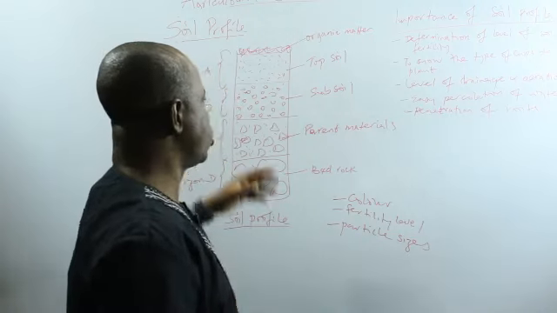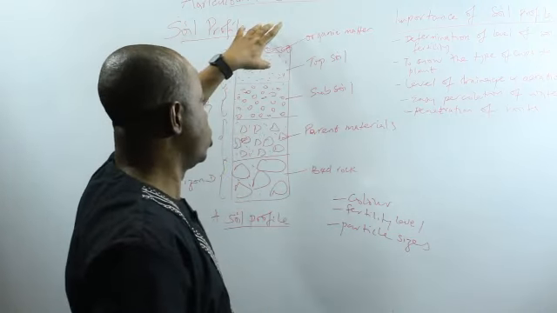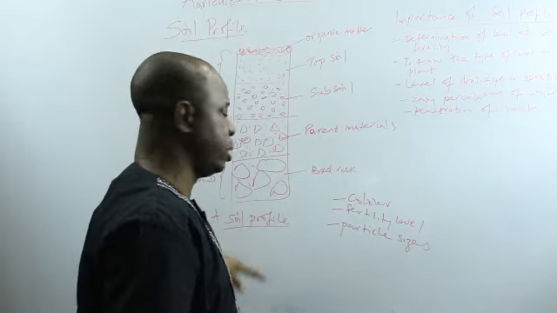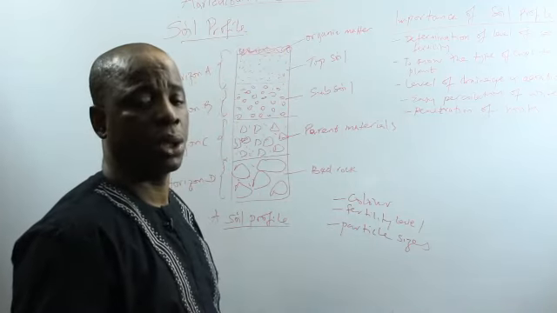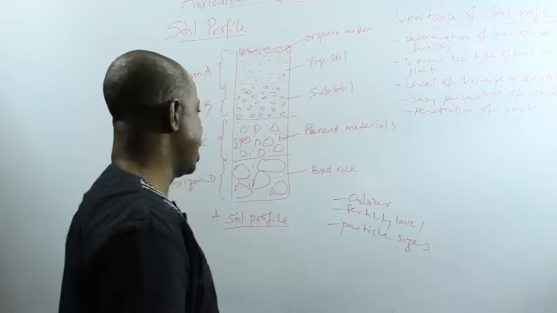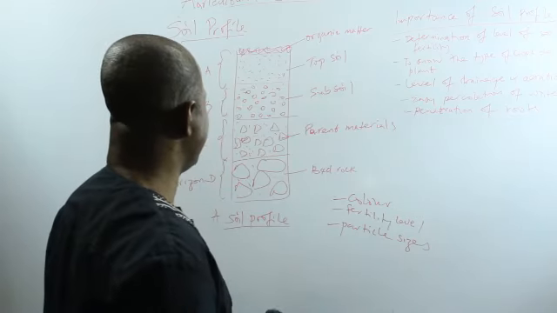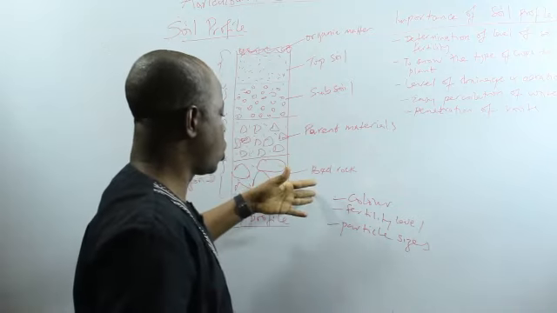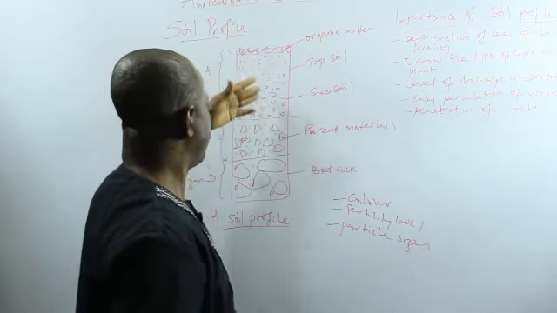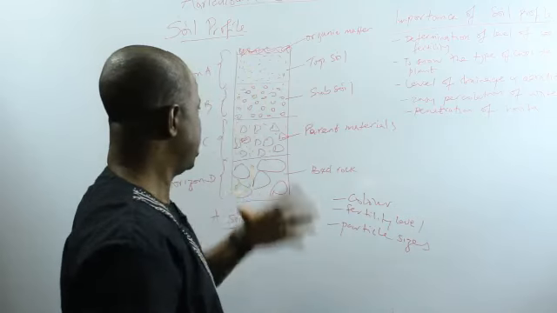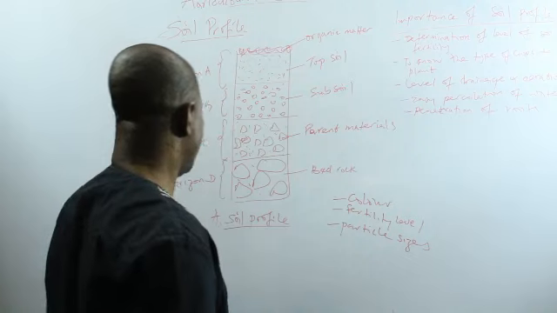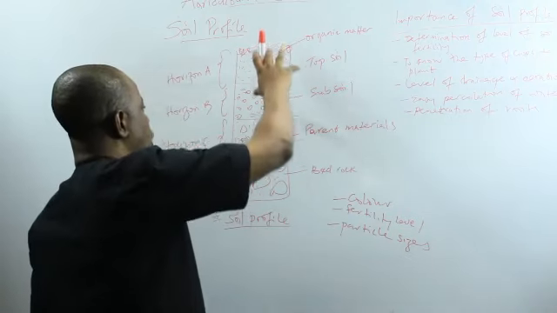So the most weathered, most broken down horizon is horizon A. The least broken down horizon is horizon D, which on many occasions is not even broken down at all. So these are the changes that are observable as I'm moving down the horizons: the color, the fertility level, then the particle sizes. So this is soil profile.